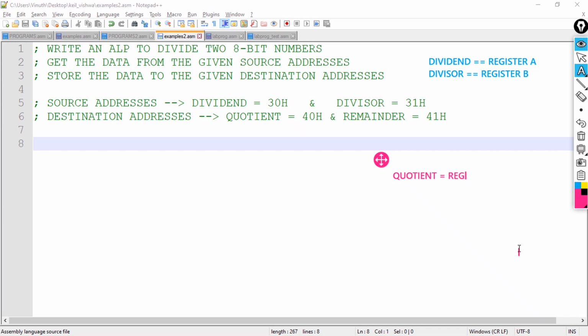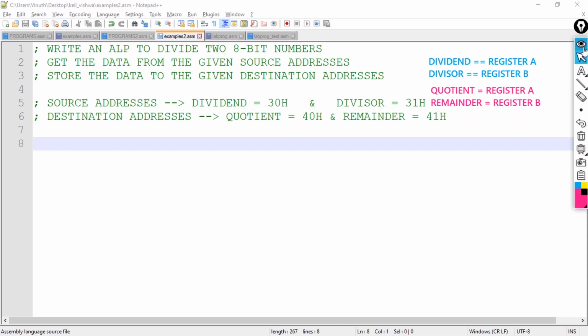After the completion of execution, the quotient will be present at register A, and the remainder will be present at register B. These are the two things we need to remember.